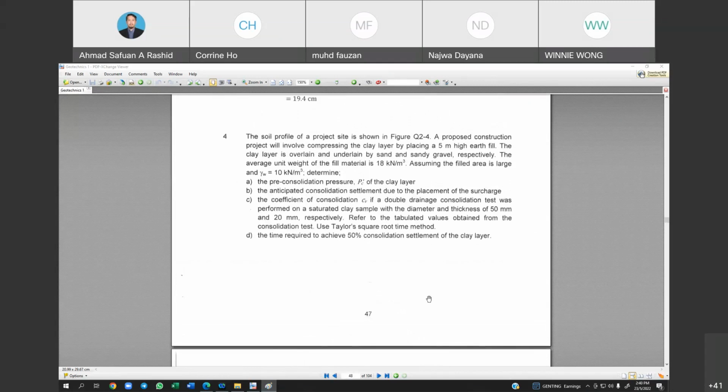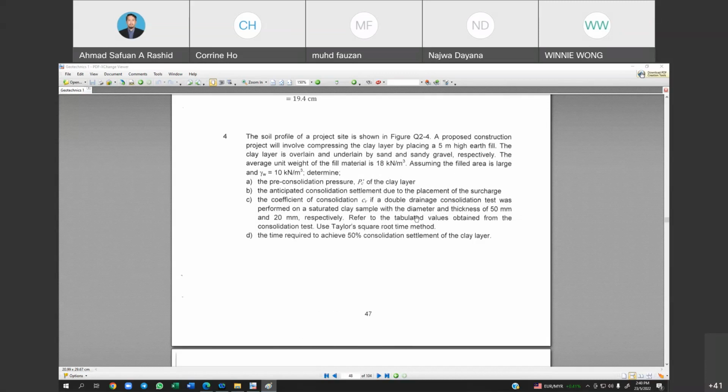First, determine the pre-consolidation pressure. Then the anticipated consolidation settlement due to the placement of the surcharge. Then the coefficient of consolidation, CV, if a double drainage consolidation test is performed on a saturated clay layer with a diameter and thickness of 50 millimeter and 20 millimeter respectively.